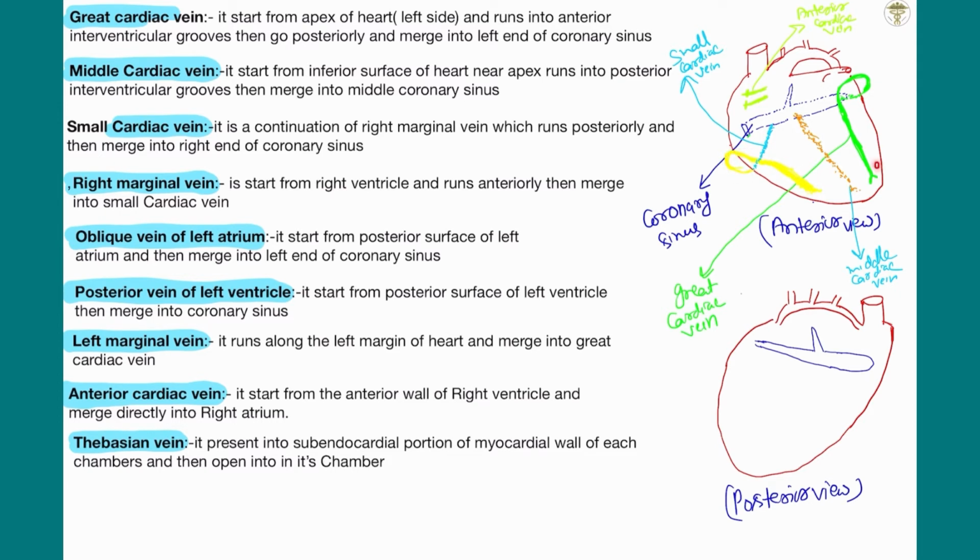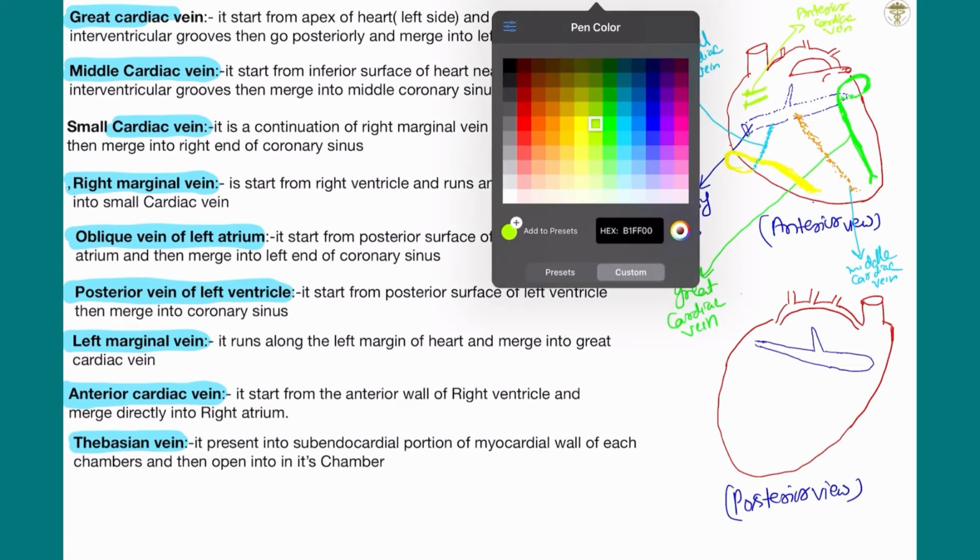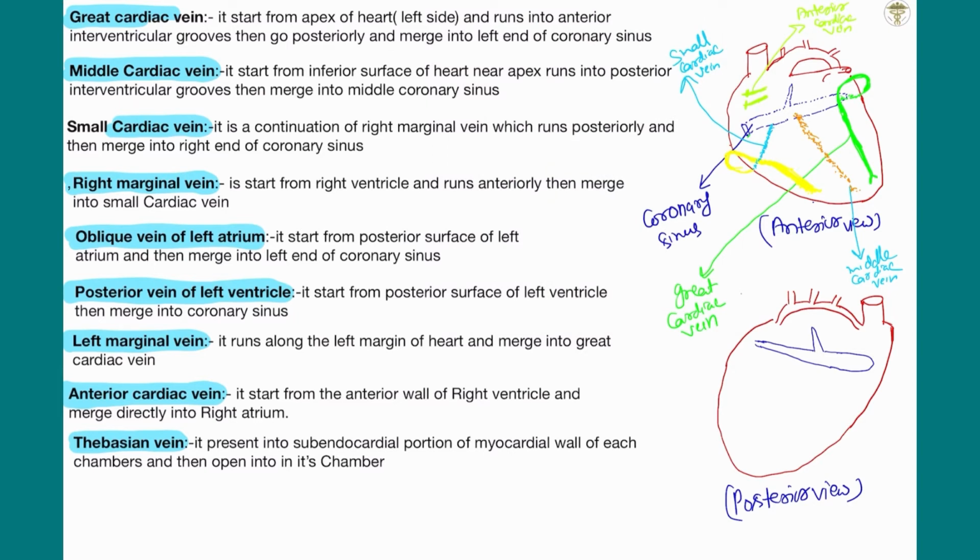Here is the left marginal vein, and it goes along the left portion anteriorly and merges into the great cardiac vein. I will choose a different color, pink. This is the left marginal vein.